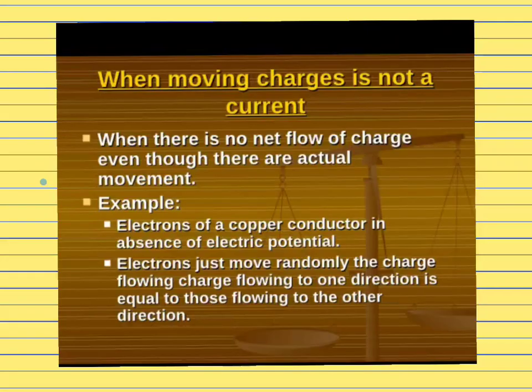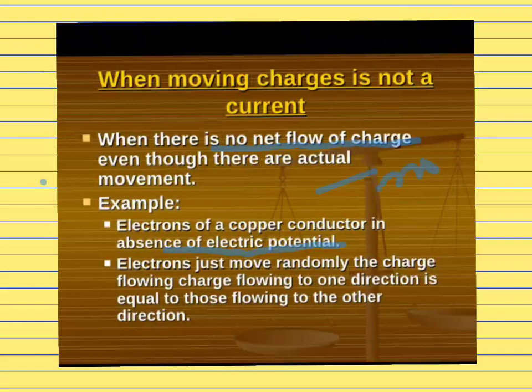So when there is no net flow of charge, as I already said, if you take any conductor, whether that conductor is made of copper or iron, and it is not connected to any source of electric potential, there will be a flow of electrons, but that flow will be random and they will not generate any tangible electric current.